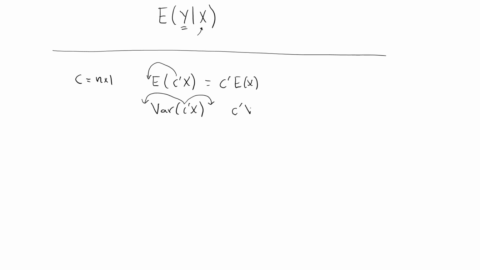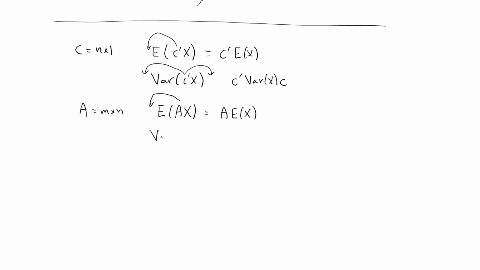It's c prime variance of x times c. If A is an m by n matrix, then the expected value of Ax, take out the A, is A expected value of x. The variance of Ax, take A both sides and transpose it when it goes to the right. So it's A variance of x, A transpose.